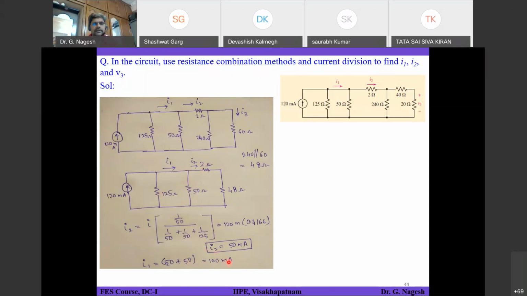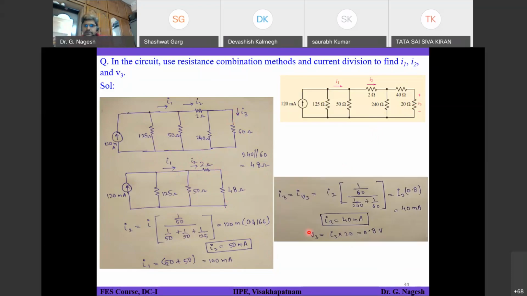If you solve also, you will observe that the current flowing through the middle branch 50 ohms will also be equal to 50 milliamperes. Then you can add up these two, applying KCL, and you will understand I1 will also be equal to 100 milliamperes. Is it clear? So I1 you have found out to be 100 milliamperes, and I2 you found out to be 50 milliamperes. Now you are left with finding voltage V3, which is existing across the 20 ohms resistor.